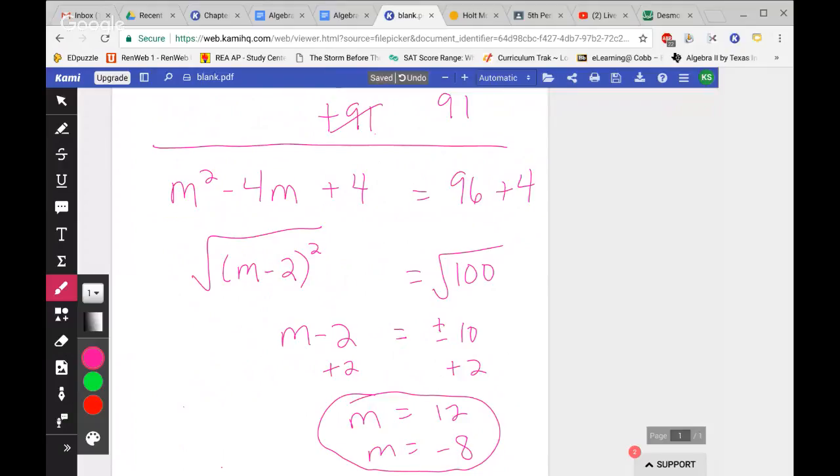Okay, so I'm looking for two answers, 12 and -8. Because where it crosses the x-axis, the zeros, the roots, and the solutions to a quadratic equation are all exactly the same thing. It's just a different expression of the same thing. So that's really what you're looking for.